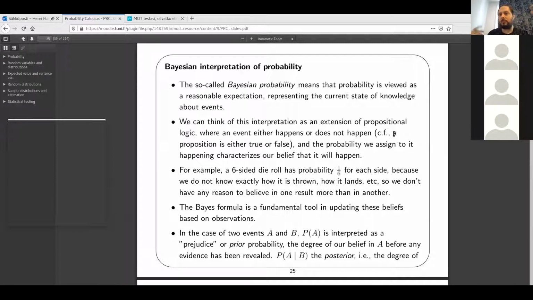It's not that we know it's 1/6, but that we have no reason to believe, or no knowledge that would indicate, that it lands on one of the sides more likely than another.